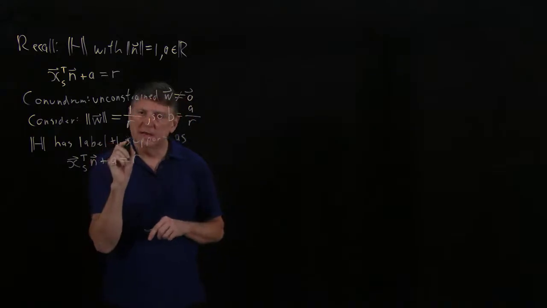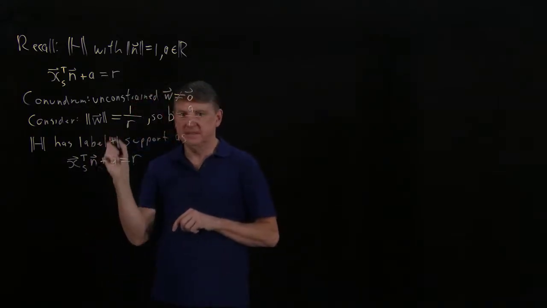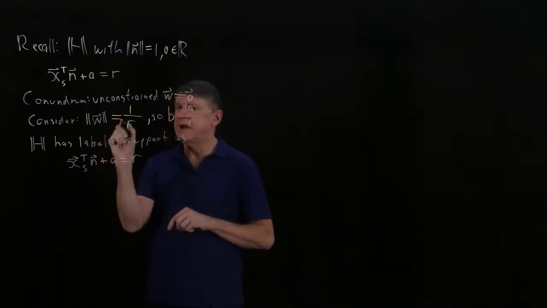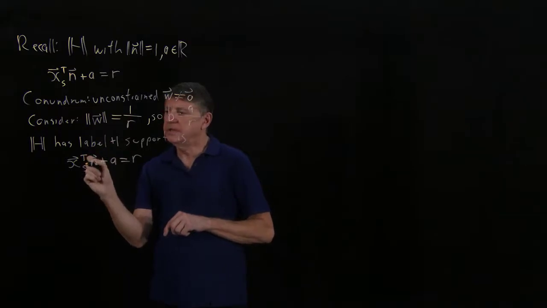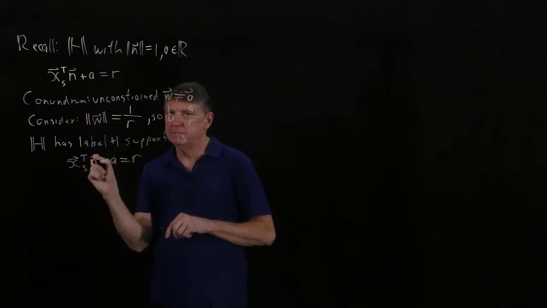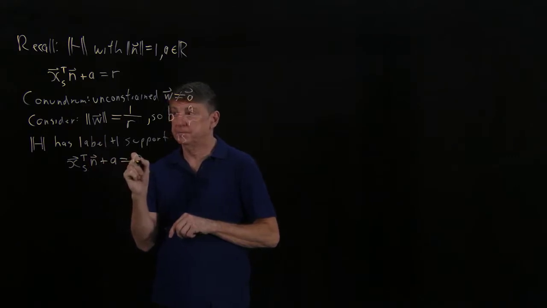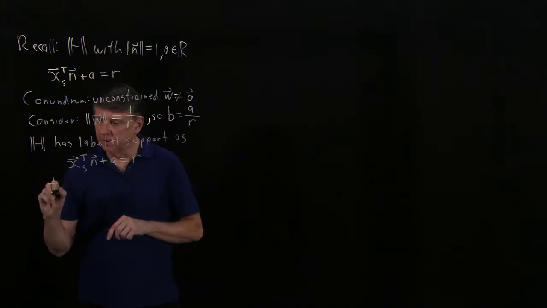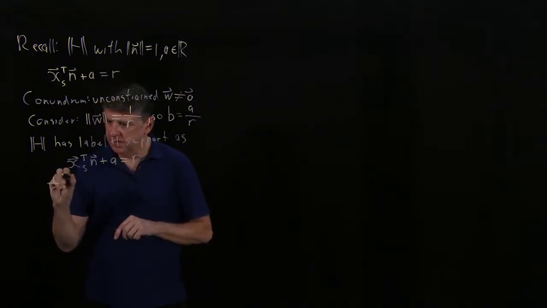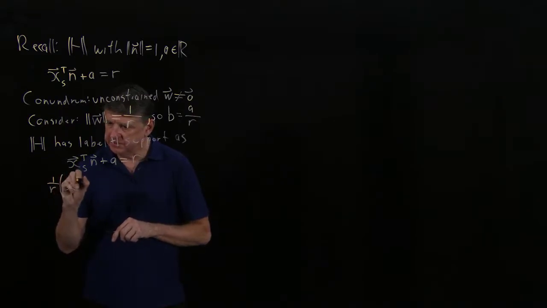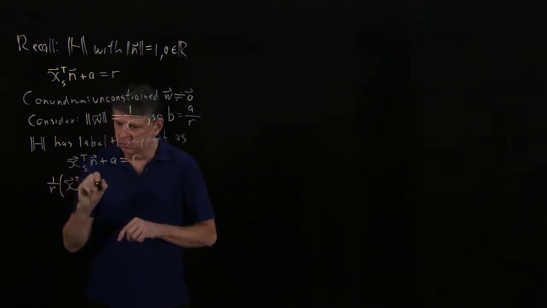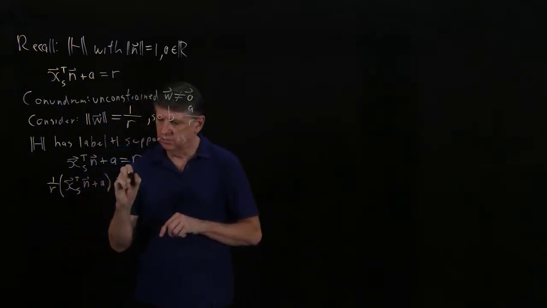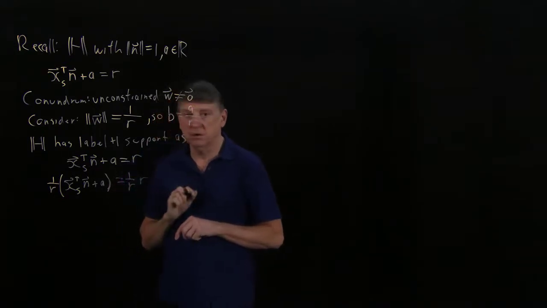Now if I substitute this in, suppose that I divide both sides by r. So that is 1 over r times x transpose of support normal plus a equals 1 over r times r.